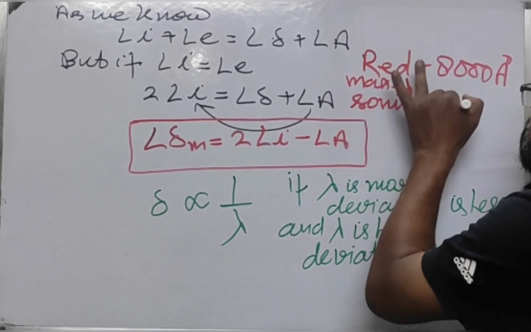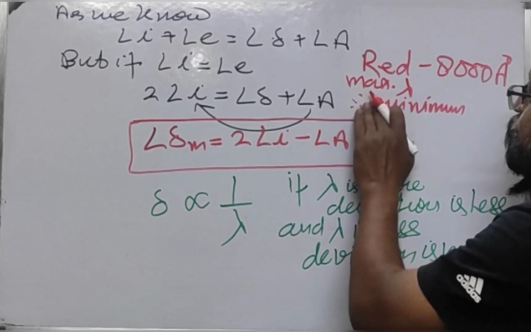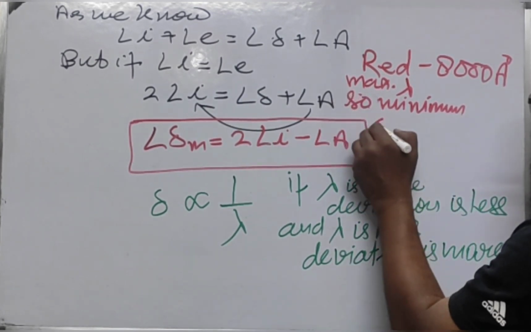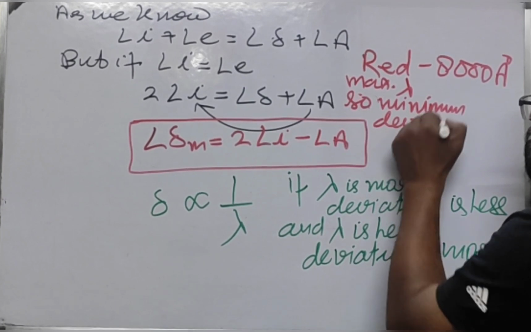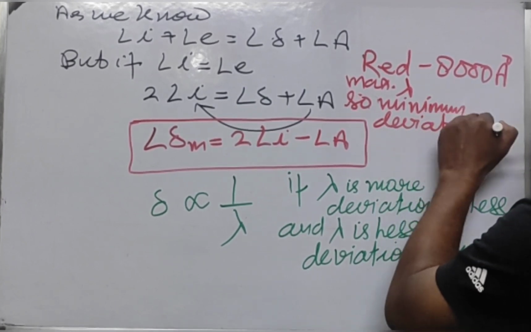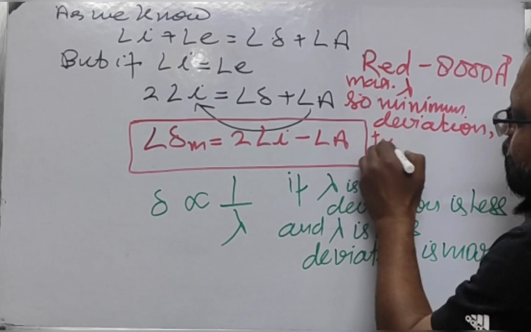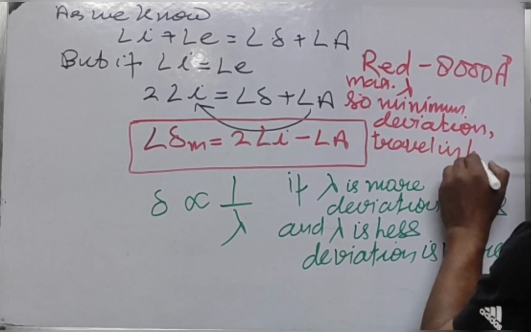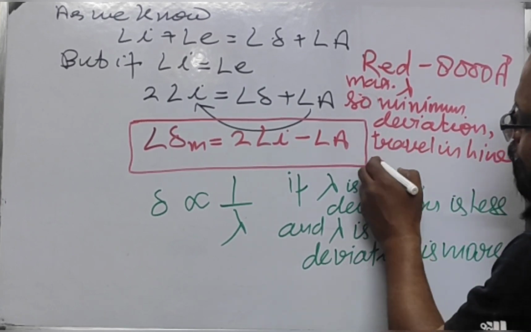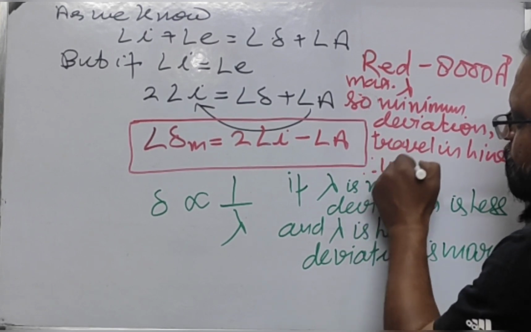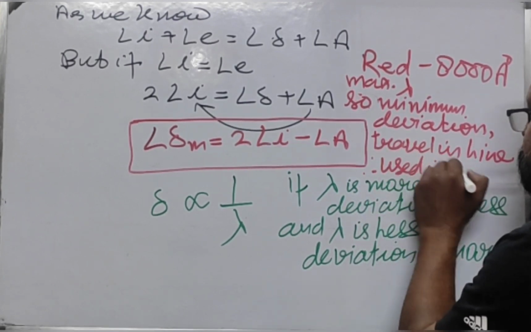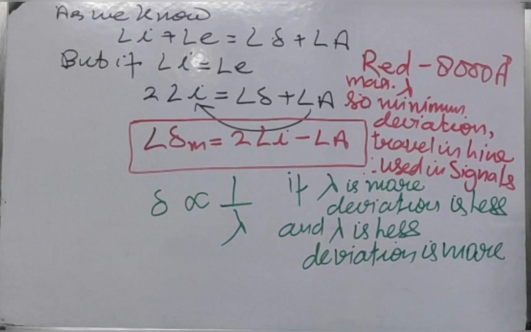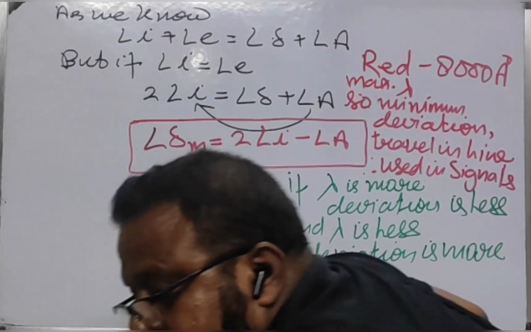Deviation is minimal, so it travels in a straight line, and therefore it is used in signals, right?